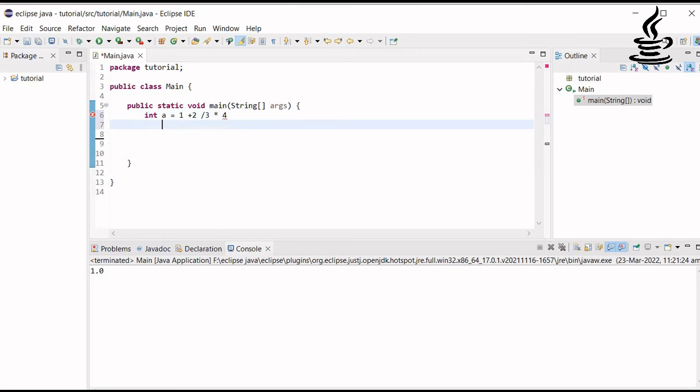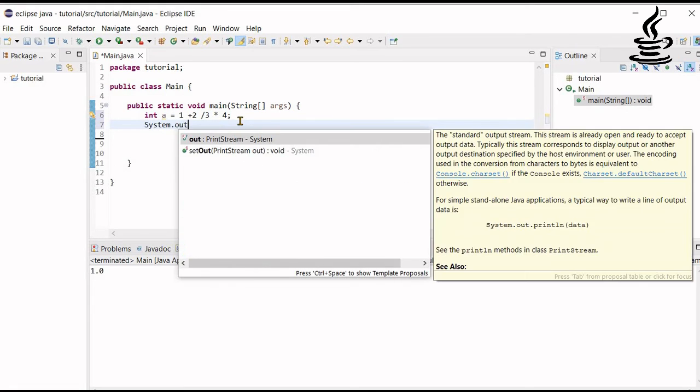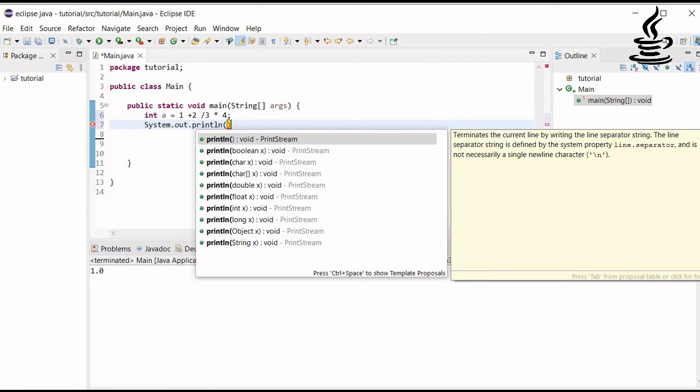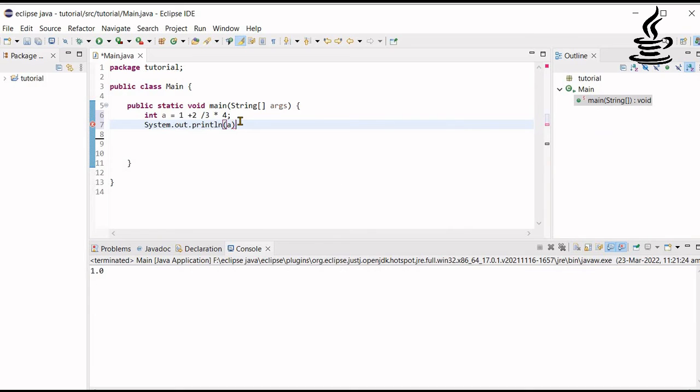Now if I have to evaluate this simple expression and get its output, then we will write System.out.println followed by the name of the variable in which our expression is stored, which is a in lowercase. And if we run this, we will get 1 as an output. Let's make it a double so that we can store decimal values as well. If we run it again, we will get 1.0 as an output.